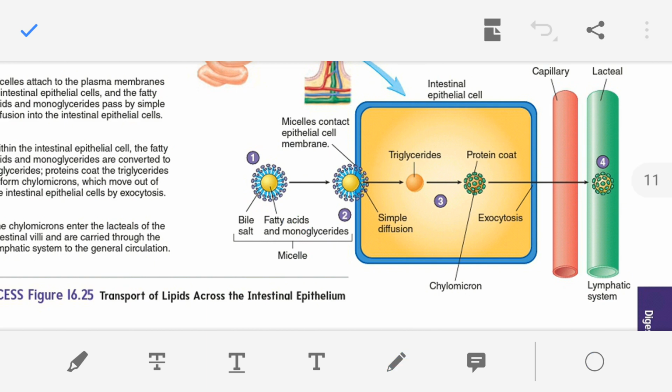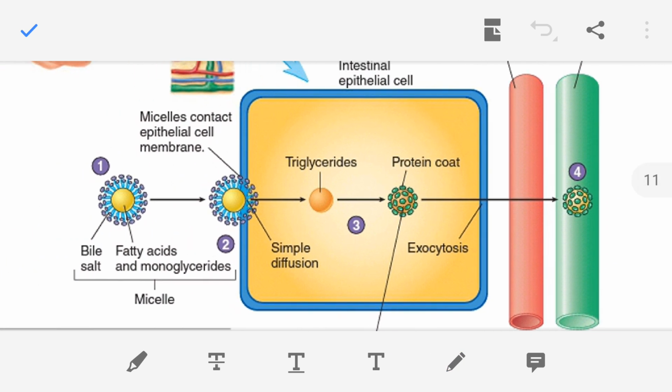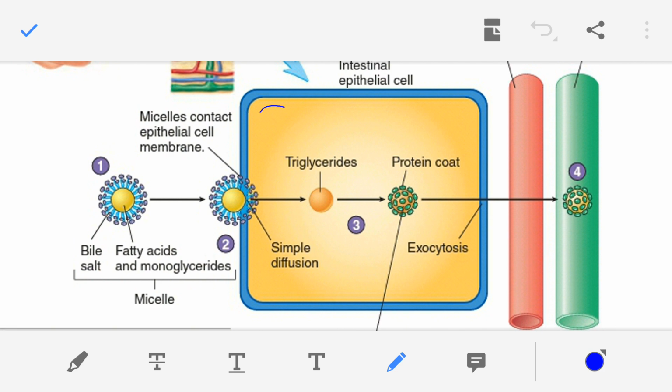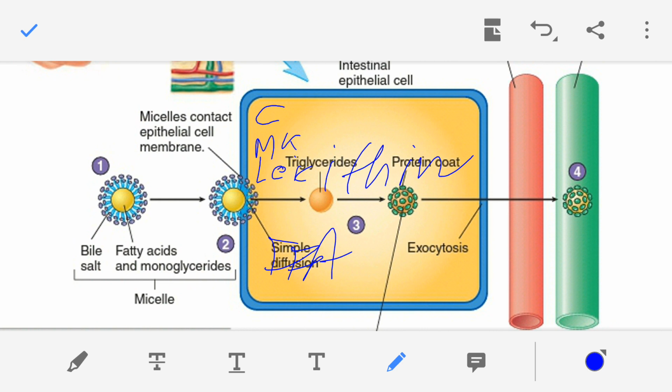From the micelle, all these lipid digestion products enter into the cytoplasm of the enterocyte cell, the intestinal epithelial cell. So in the cell, there is cholesterol, there is monoglyceride, then there is lecithin, then there is FFA, free fatty acids.